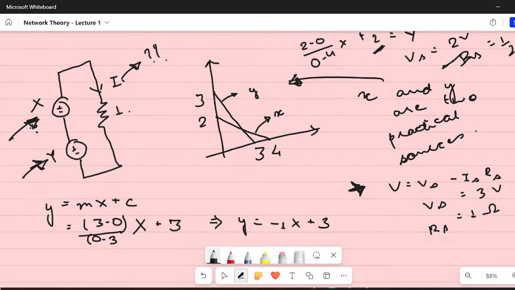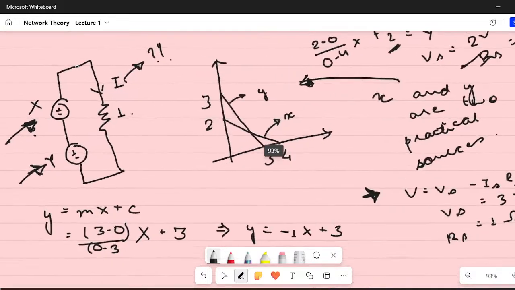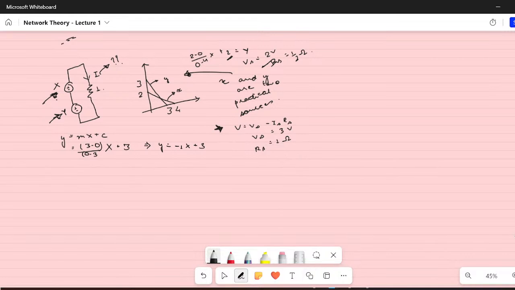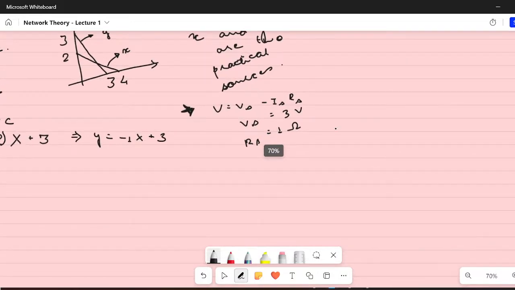Now, in case we redraw the circuit, is it visible to the rest of you? When we redraw the circuit that was given, we could redraw it as 3 volts, which is the voltage source that we calculated first.